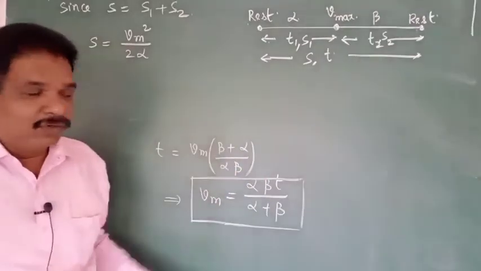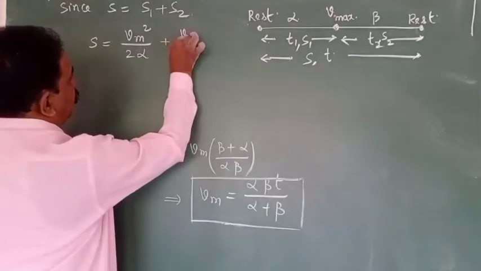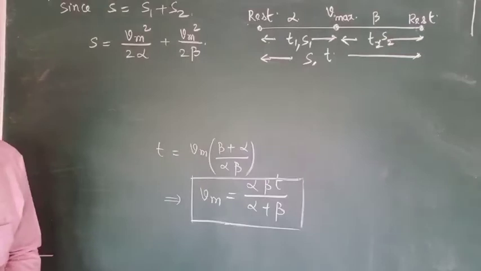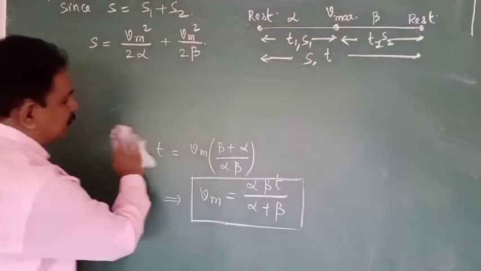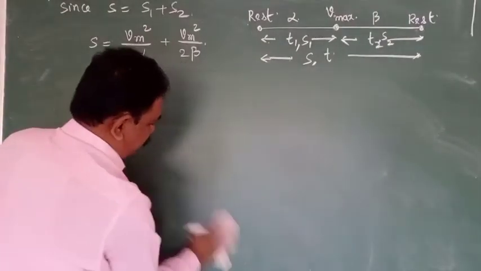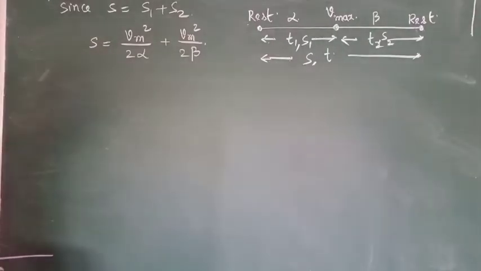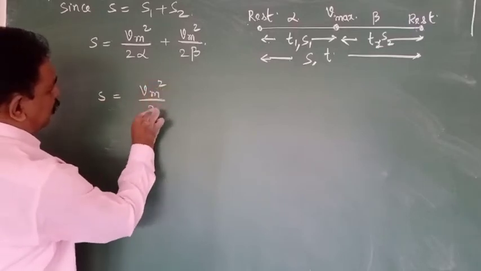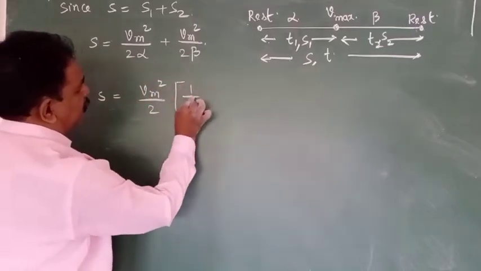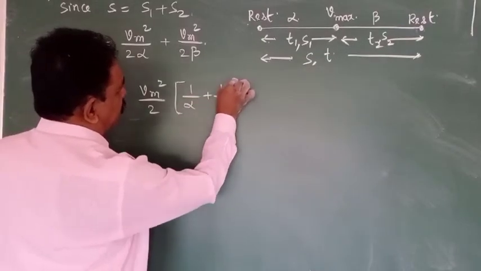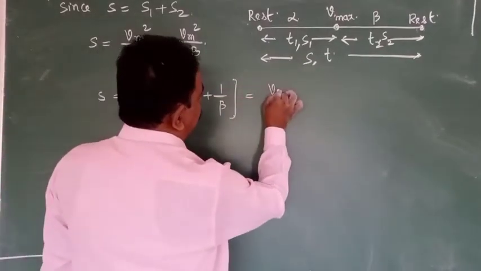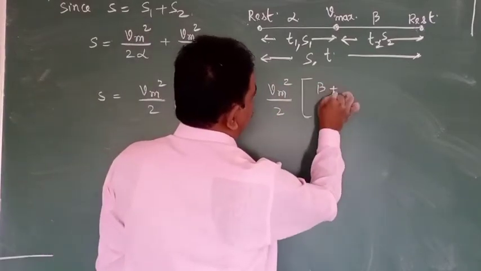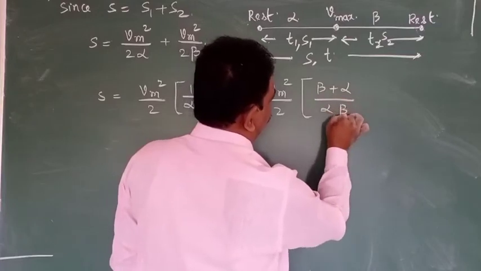S2, from equation 4, is Vm square by 2 beta. Okay? So S is equal to Vm square by 2 into 1 by alpha plus 1 by beta, which is Vm square by 2 into beta plus alpha by alpha beta.